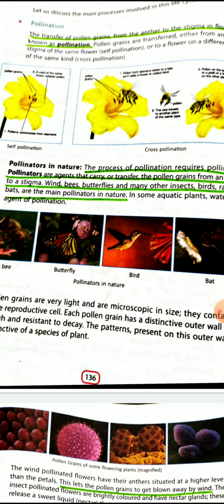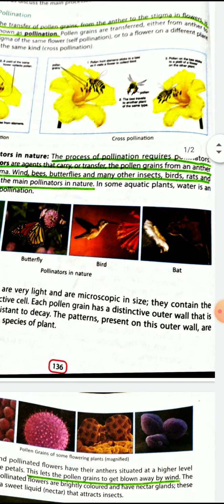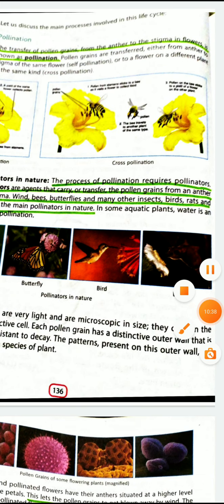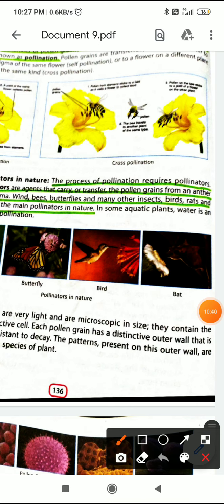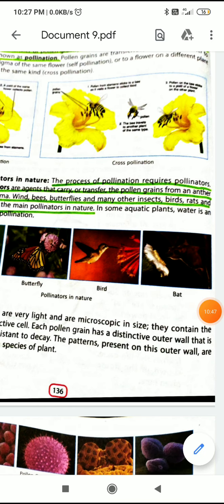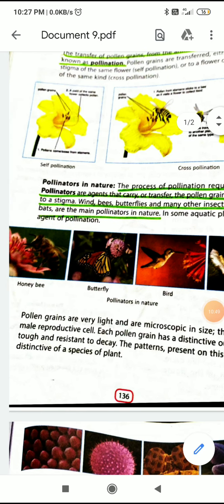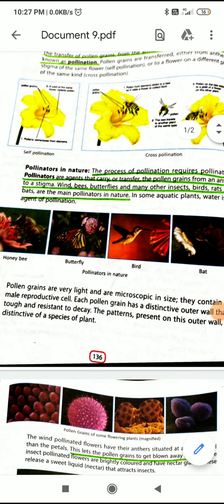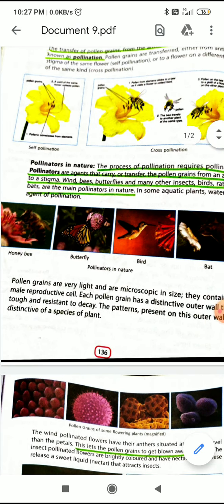Now, next your topic is pollinators in nature. What is the meaning of pollinators? Pollinators are the agents. Okay? What are the agents for cross pollination?